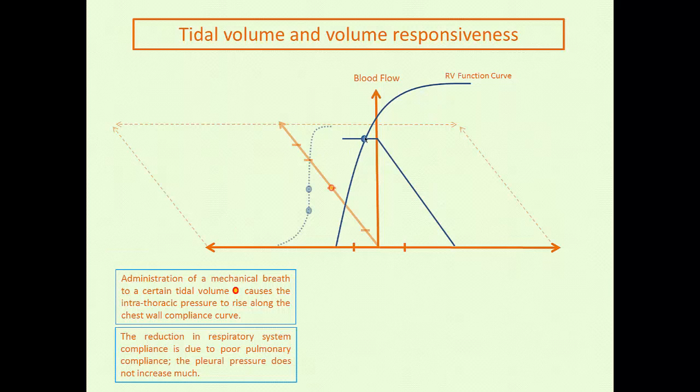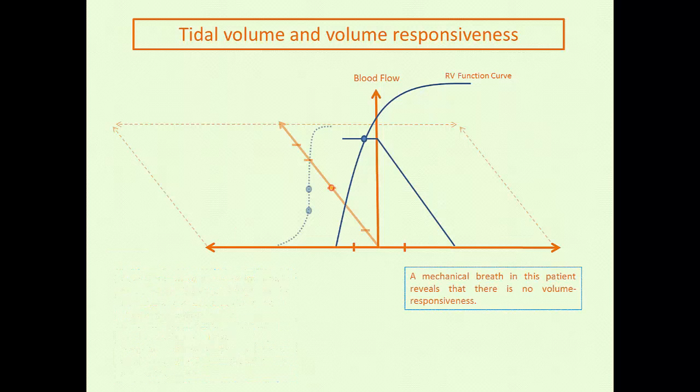Their operating point is actually subatmospheric. The right atrial pressure, again this is right atrial pressure on the x-axis, the right atrial pressure is subatmospheric, and your venous return curve is clearly intersecting the right heart function curve on its ascending or steep portion. So giving this patient volume would augment their cardiac output. But you are giving this patient this tiny breath, and the volume of the lung changes minimally because of the poor pulmonary compliance, so the change in the intrathoracic pressure may not be enough to stress the system.